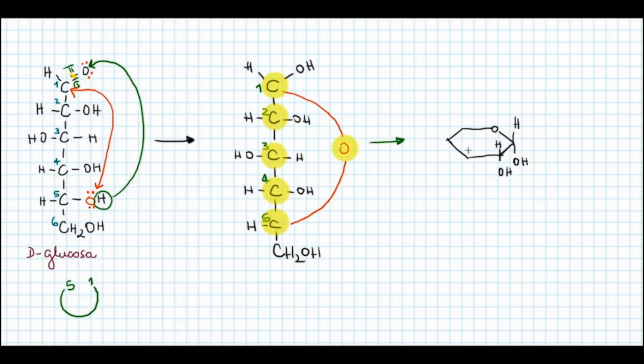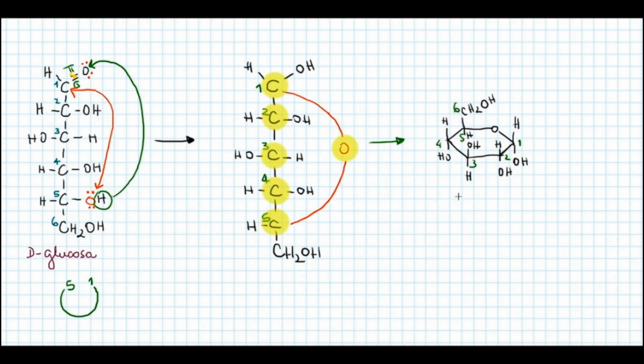Carbon 3 has the hydroxyl group on the left, so I put it up and the hydrogen down. Carbon 4 is going to have the OH down because it is on the right, and hydrogen up, and carbon 5 is going to have the CH2OH group of carbon 6 and a hydrogen. I am going to number them: 1, 2, 3, 4, 5, 6.